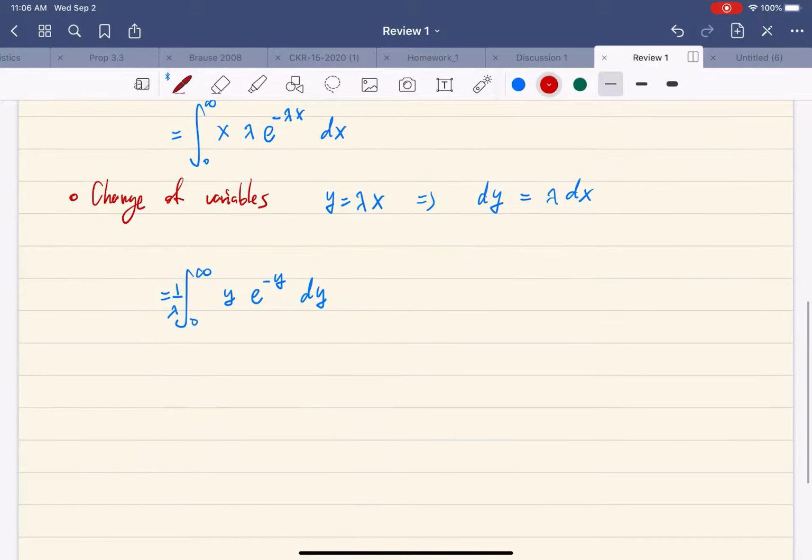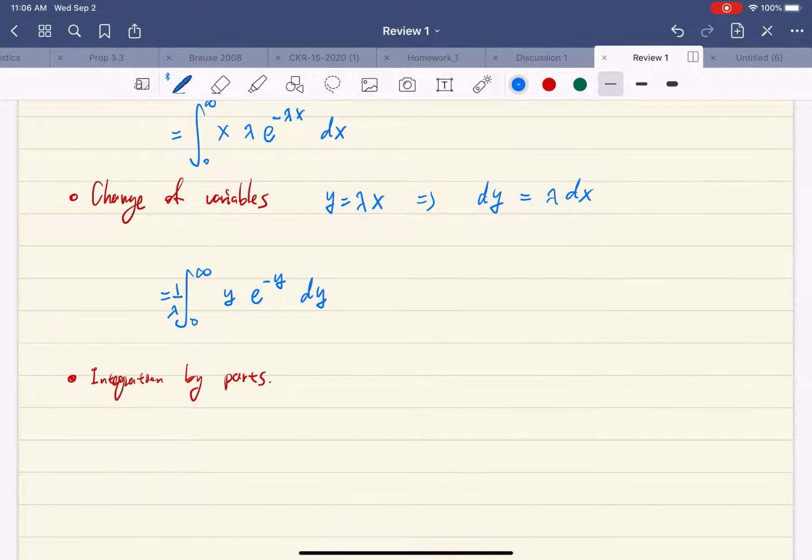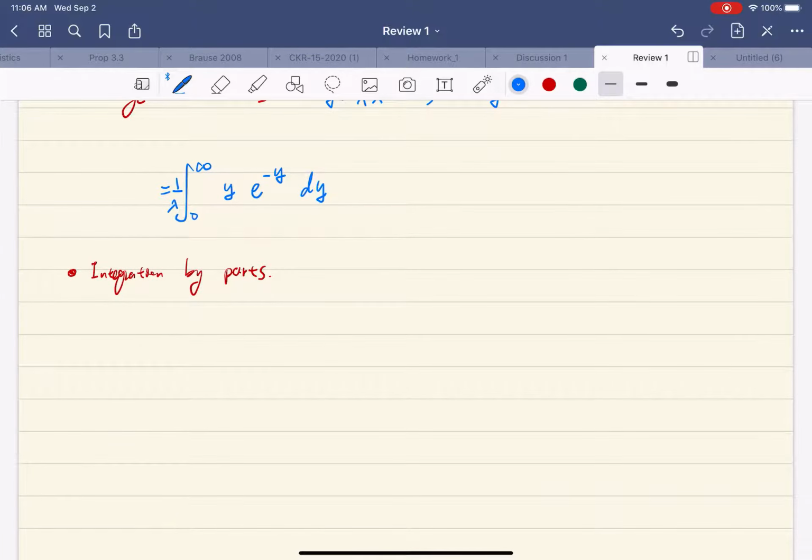Okay, and next step we want to use integration by parts. So what we want to do is move this y e to the negative y to be d of negative e to the negative y.